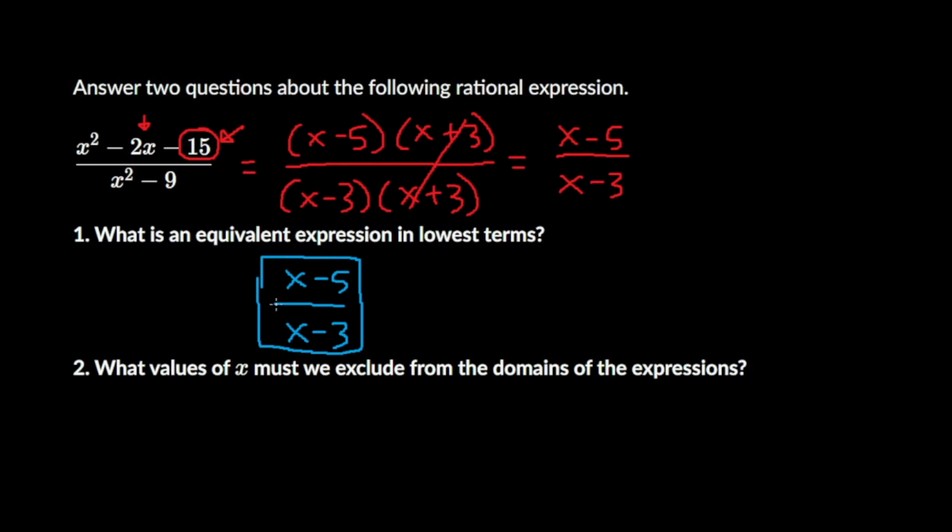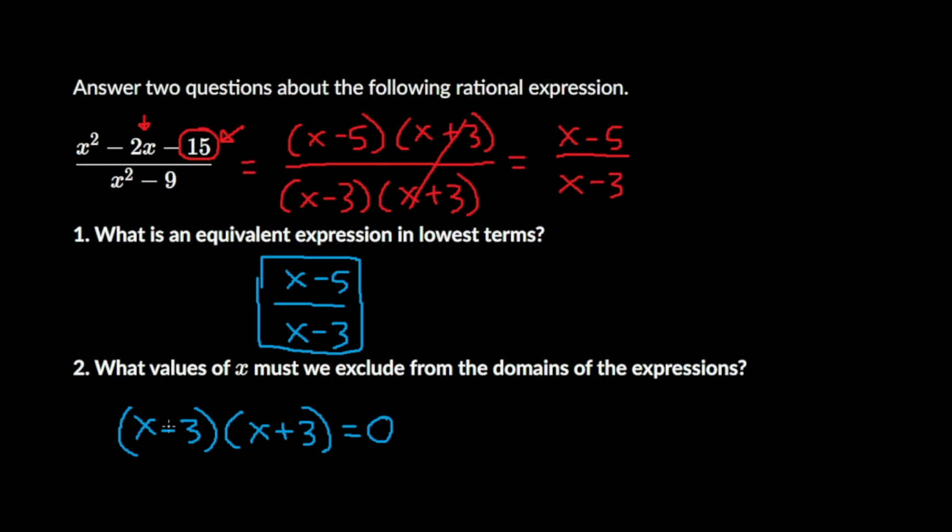And what values of x must we exclude from the domain of the expression, right? Fancy word, math likes to use a lot of fancy words, and that's fine. Well, if you look here, it's actually going to be a little more exciting. There might actually be two values. Equals 0.